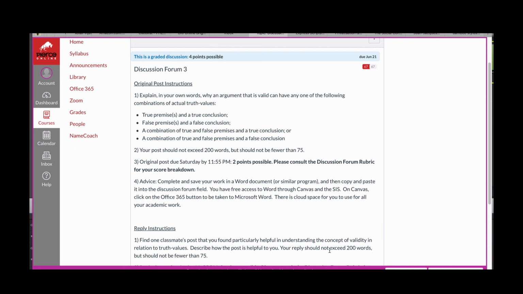But if you need to go over a little bit, that's okay. The idea is that you are honing in specifically on these various combinations of truth values, and how it is that an argument that has one of those sets of truth values can still be valid.